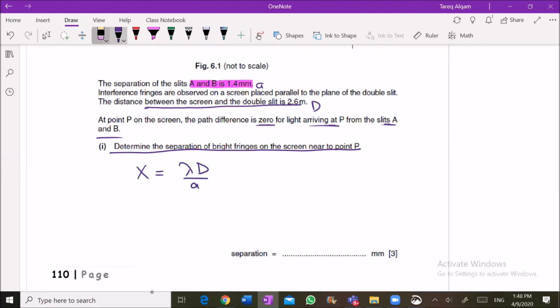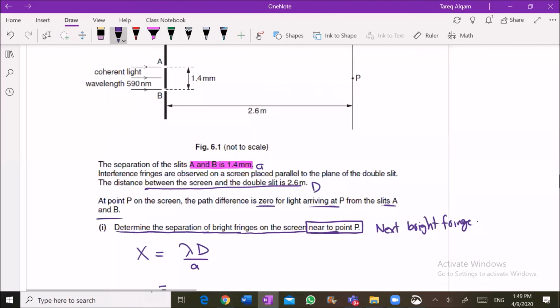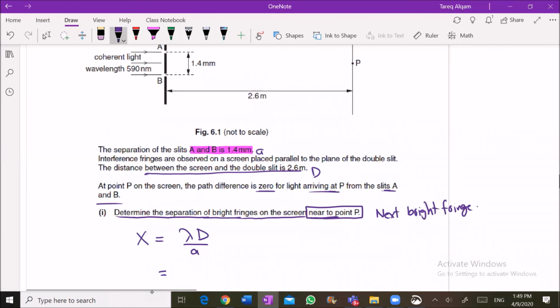Notice what it wrote here: determine the separation of the bright fringe on the screen near to the point, meaning the next bright fringe. So we need x, the distance between two adjacent fringes. What is lambda? It is given, 590 nanometer. Don't forget nano.